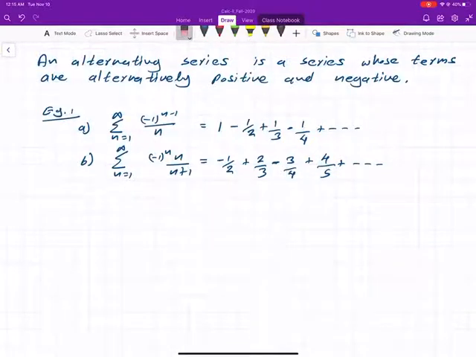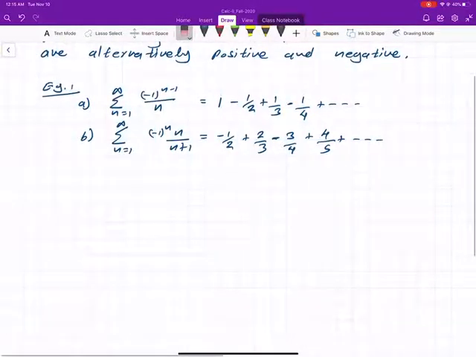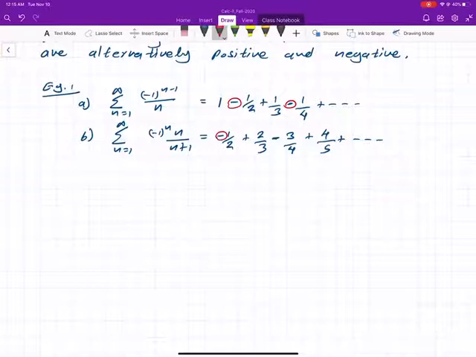Alright, so I wrote two alternating series. You can understand why they are called alternating series because the sign changes. It goes like positive, negative, positive, negative, or maybe negative, positive, negative, positive.